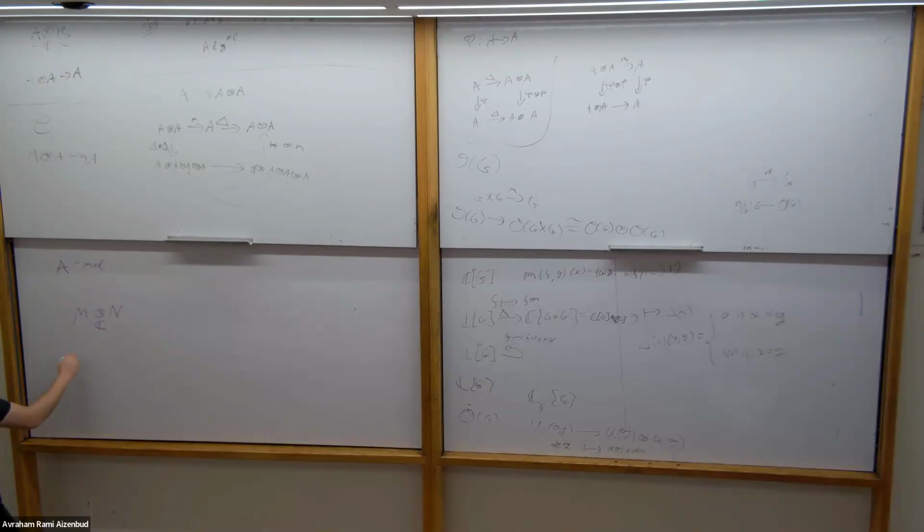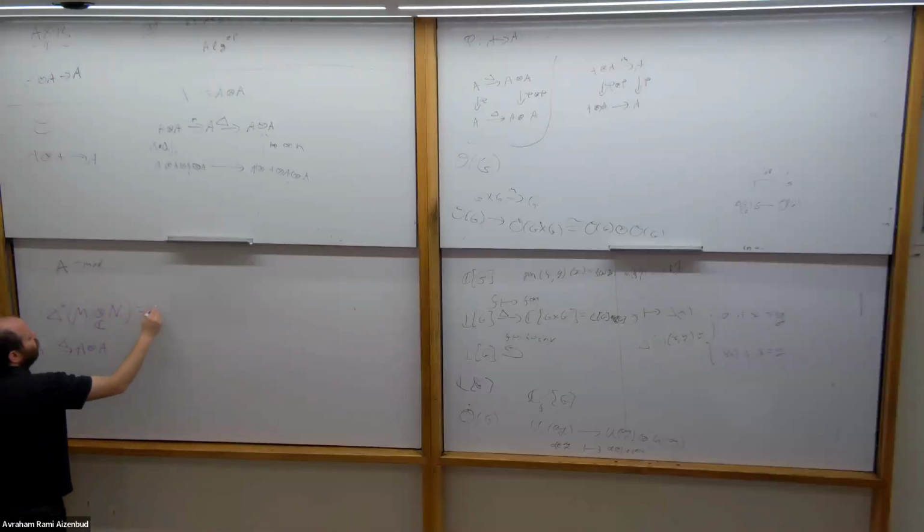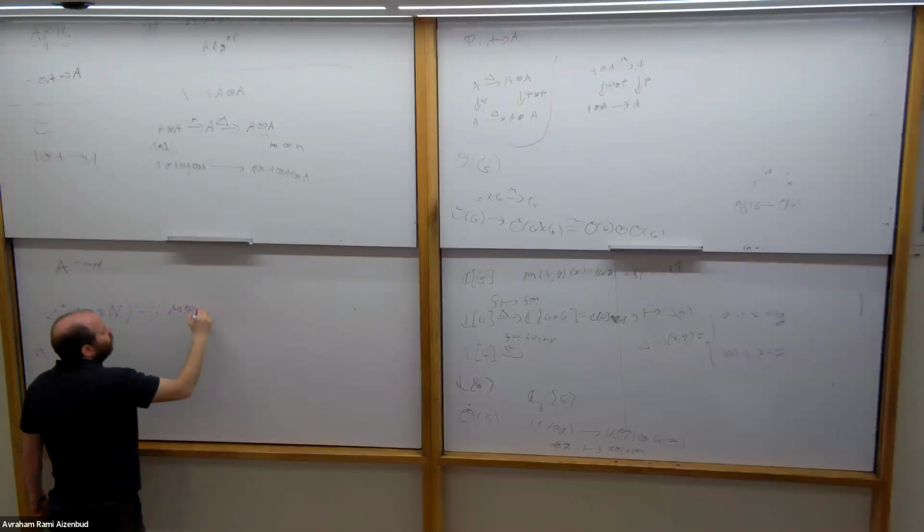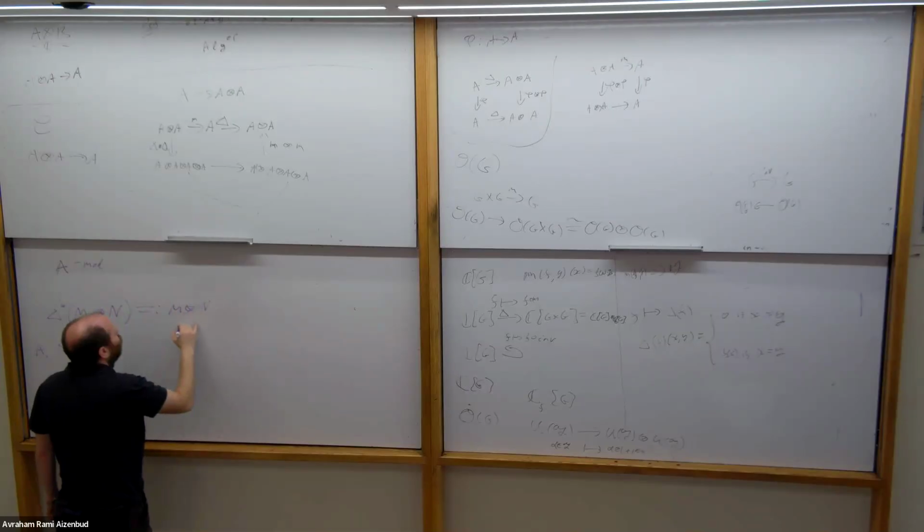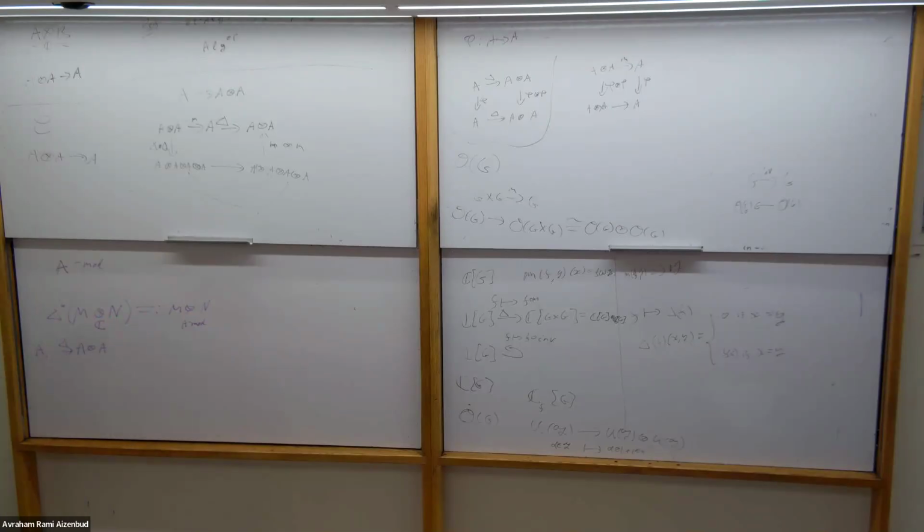Naturally you have a structure of A times A, but you also have delta. So you can restrict or pull back the module from this algebra to this algebra, and this we define to be M tensor N in the category of A-modules. So this gives you a monoidal structure on the category of A-modules.